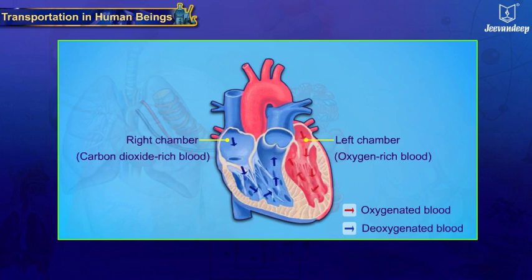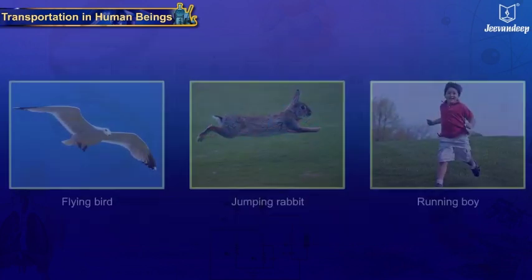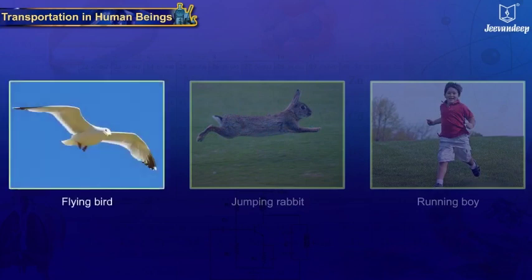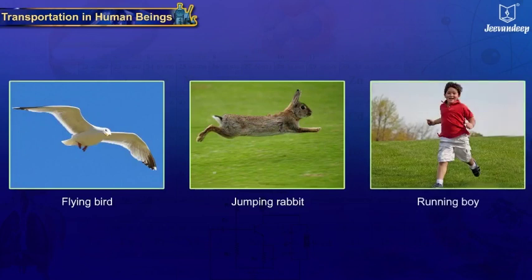Such a separation allows highly efficient supply of oxygen to the body. This is very essential in animals that have high energy needs, such as birds and mammals, which constantly use energy to maintain their body temperature.